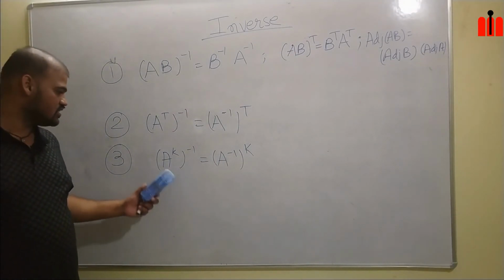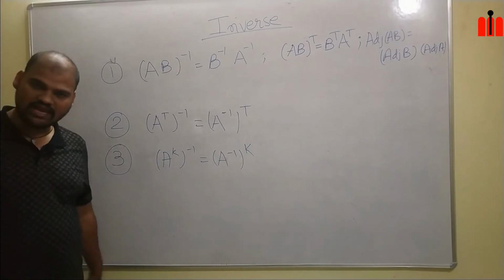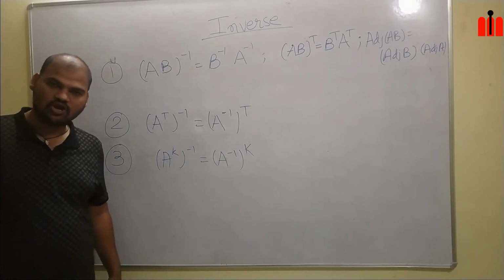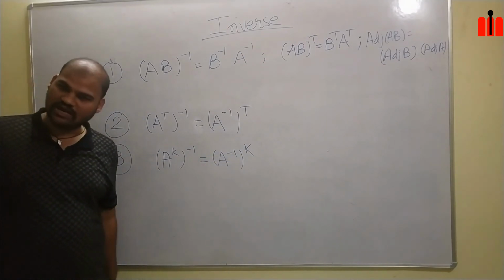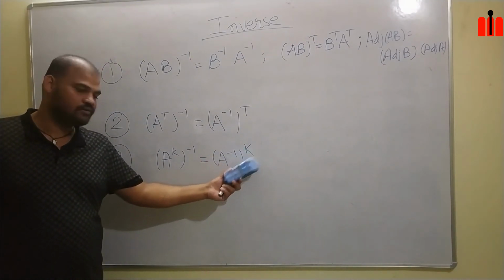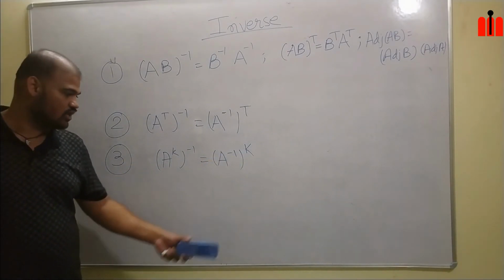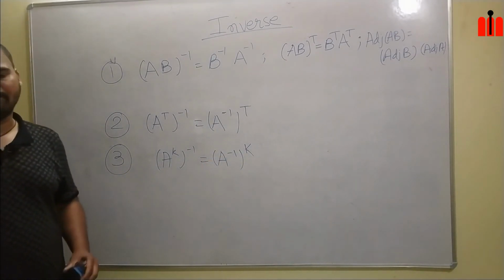Third property is, matrix A to the power K, after that you do inverse, or you do inverse of matrix A and after that multiply it for k times or give the power k, both will be same.